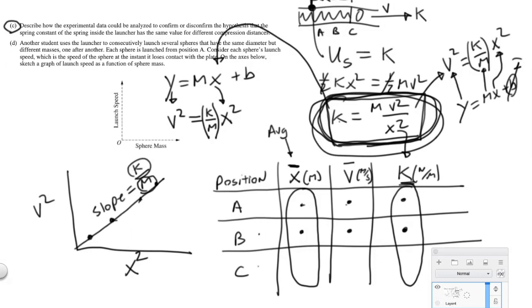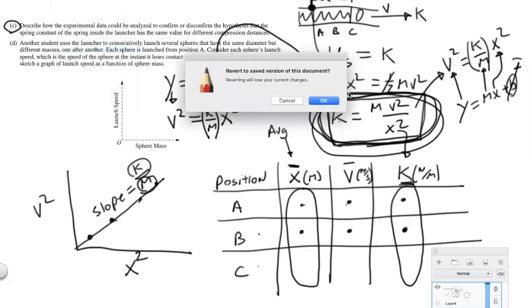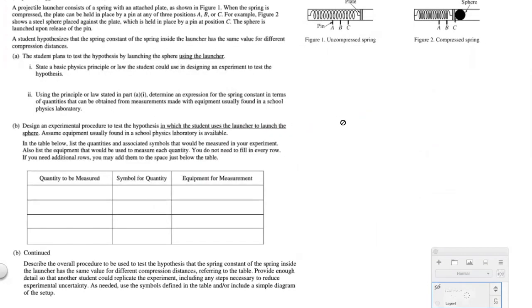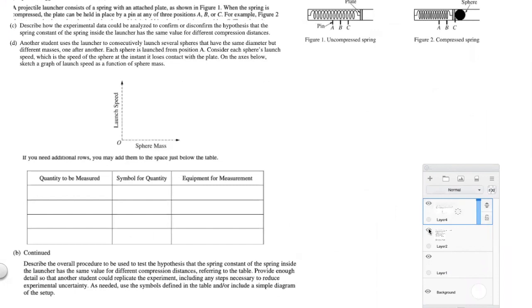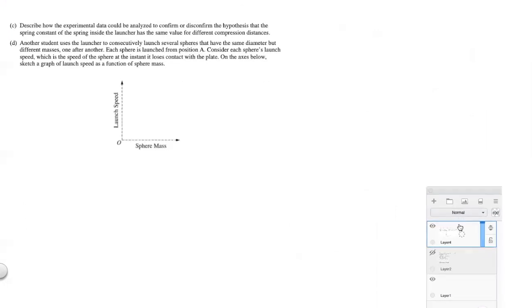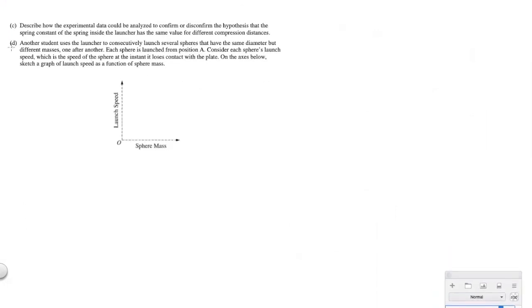Okay, very last question, and then we're done. Another student uses the launcher to consecutively launch several spheres with different masses. So now we're changing the mass of the spheres.